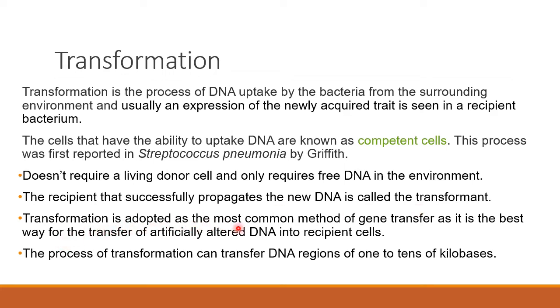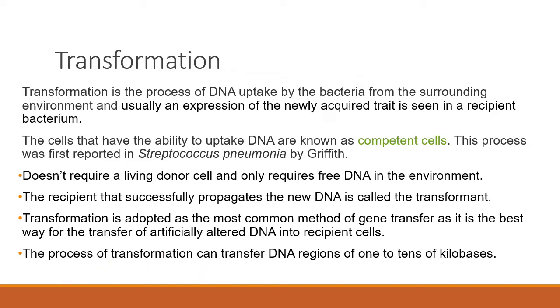Transformation is adopted as the most common method of gene transfer, as it is the best way to transfer artificially acquired or altered DNA into recipient cells, and to test the piece of DNA that is transferred.